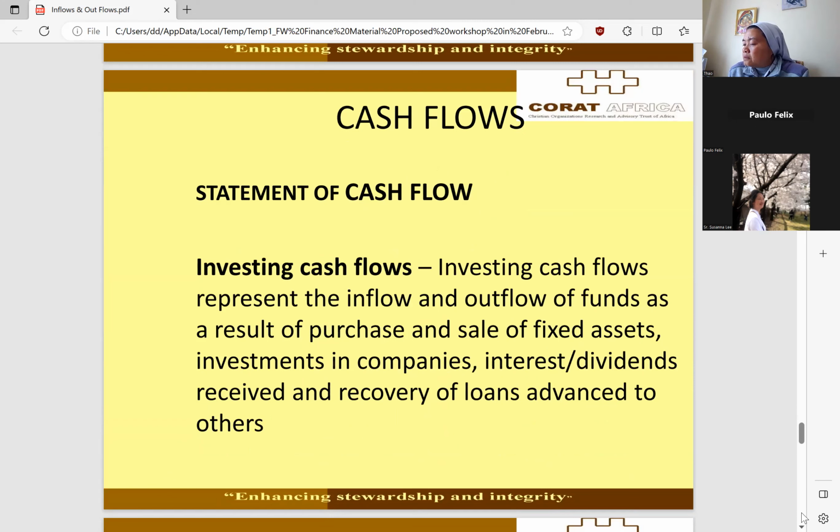Investing cash flows represent the inflow and outflow of funds as a result of purchase and sale of fixed assets, investments in companies, interest and dividends received, and recovery of loans advanced to others.